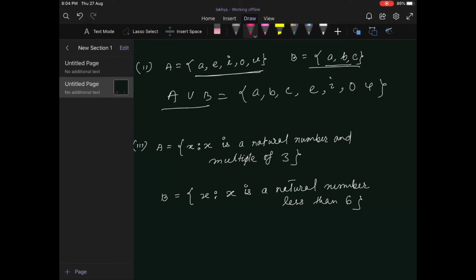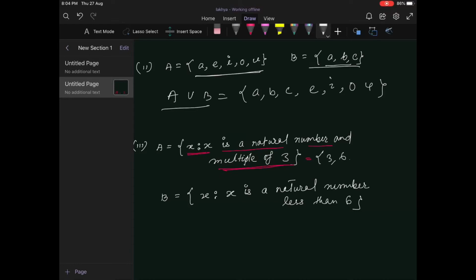Similarly, here you see set A is a set of X such that X is a natural number and a multiple of 3.